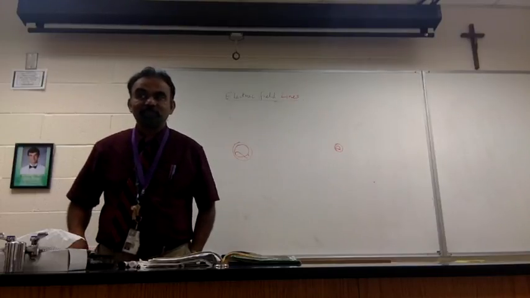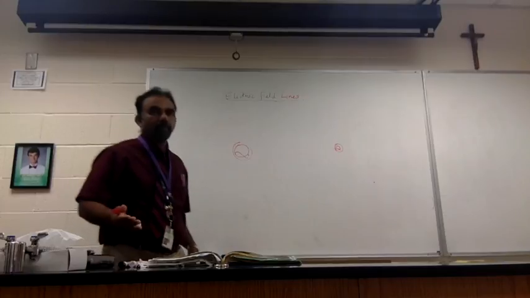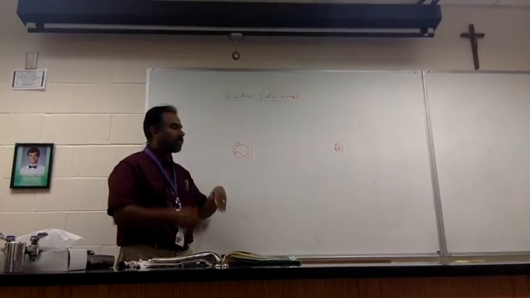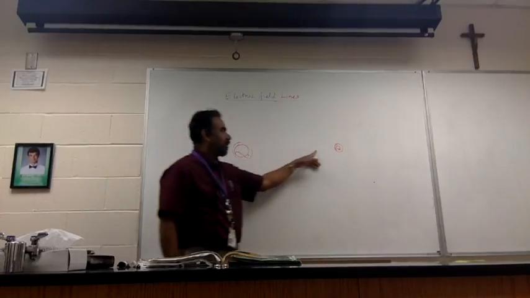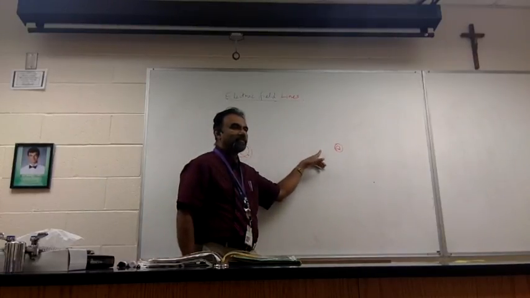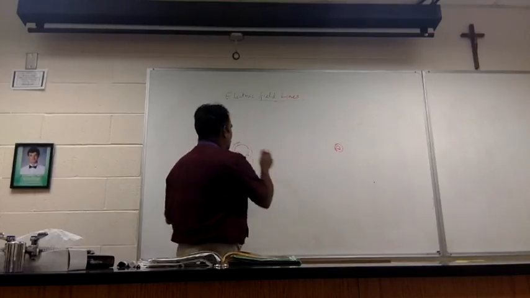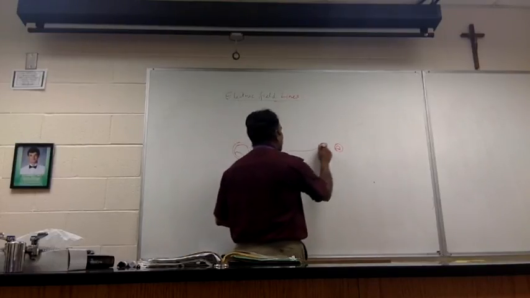It won't be in the middle. Like before, it was in the middle, the null point or the voided point. In this case, it's going to be more here, away from the big one, closer to the small one. So the field lines are going to go like that.